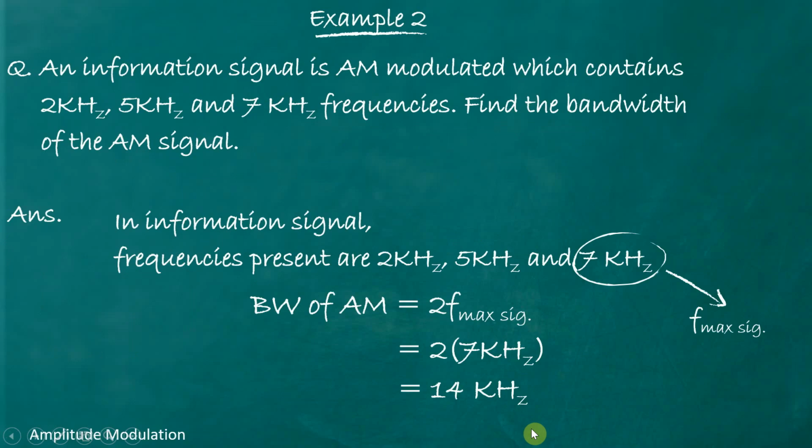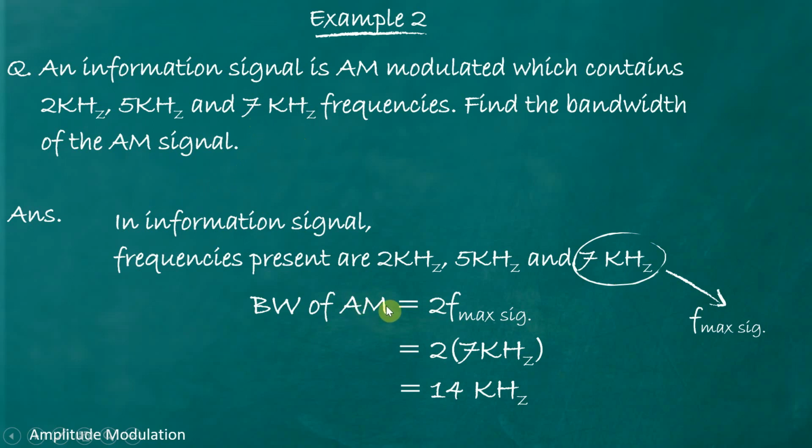So second example: an information signal is AM modulated which contains 2 kilohertz, 5 kilohertz and 7 kilohertz frequencies. Find the bandwidth of the AM signal. Okay, in this given modulated signal there are 3 different frequency components, 2K, 5K and 7 kilohertz. So the maximum frequency is 7 kilohertz, right?